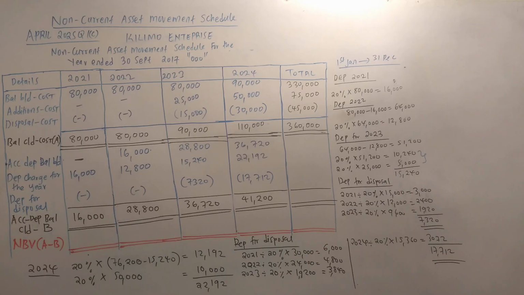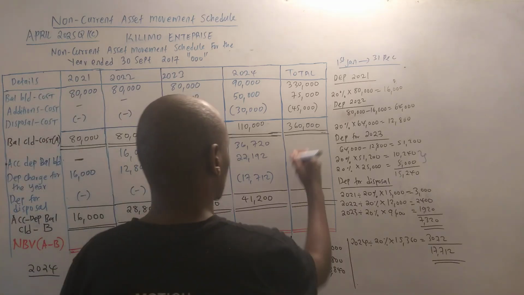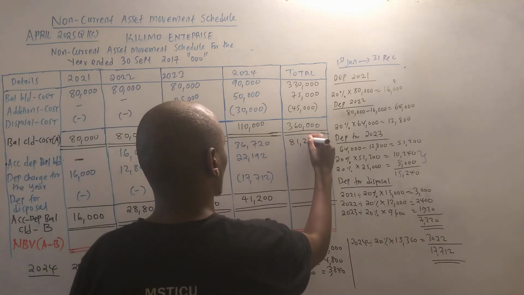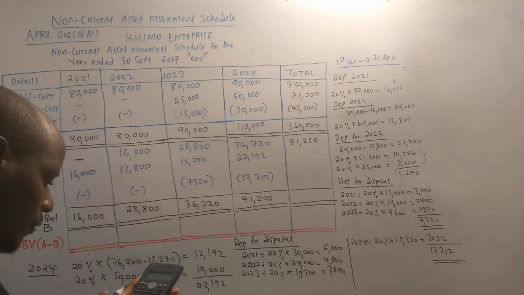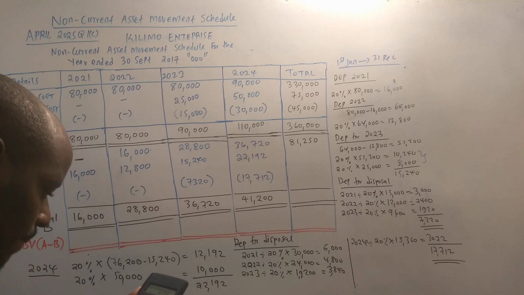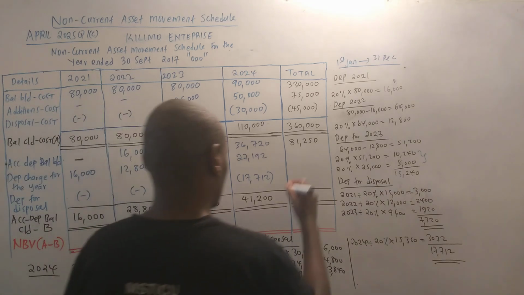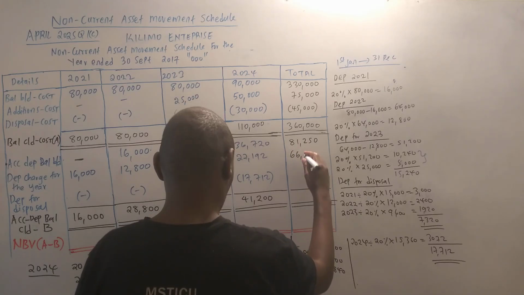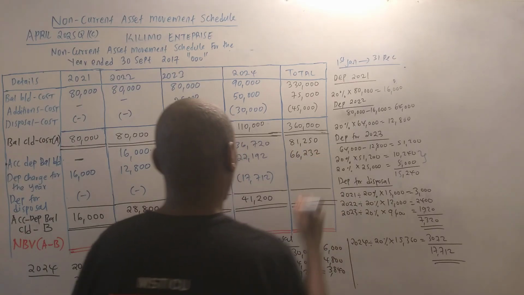Let's see the total. 16,000 plus 28,800, then 36,720. So let's say 81,150. Then you have 16,000, 12,800, 66,232.